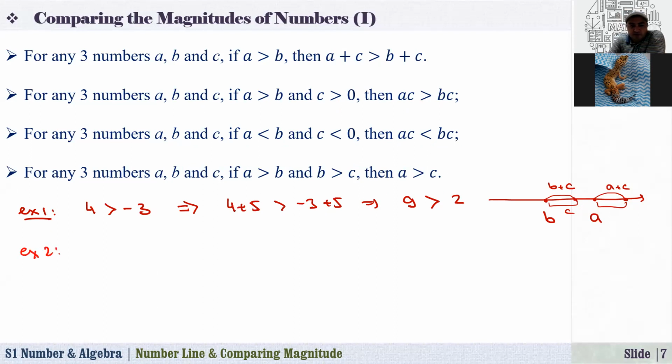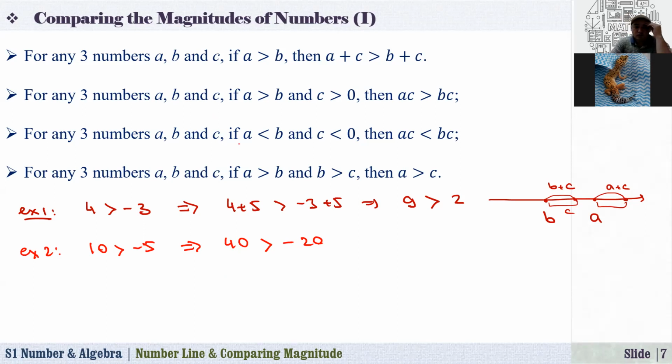Example 2: let's say 10 is greater than -5. If you multiply both sides by, for example, 4, 4 times 10 is 40, 4 times -5 is -20, and 40 is still greater than -20.